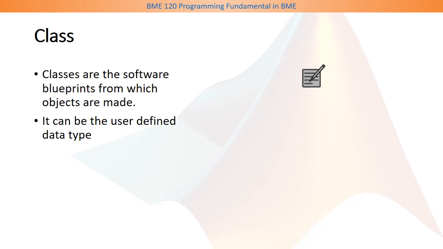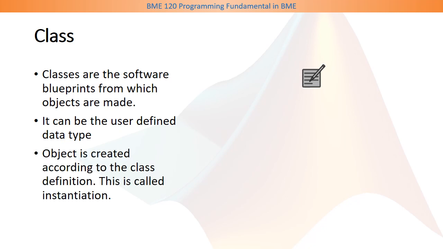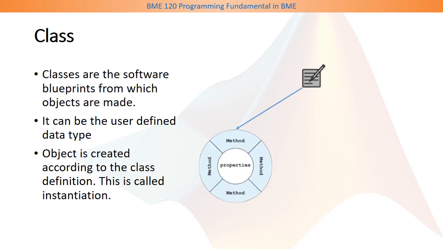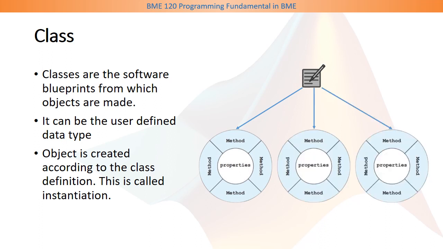We call it a class, or we can consider it as a data type. And then we can create the data object based on the class. And we can simply do it using the assignment. And we can have multiple copies of a class. And each is represented by a variable.